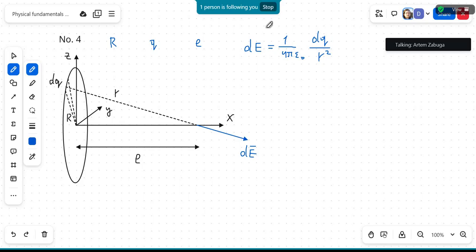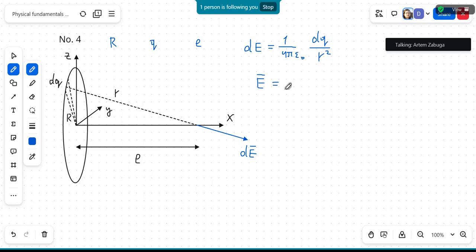It means that in general case we cannot just integrate this, because this is scalar, but electrostatic field intensity is a vector value. It means that we have to do this.